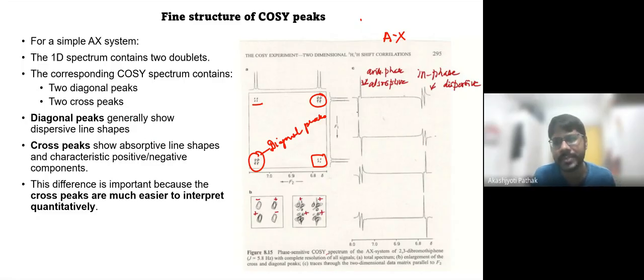In this figure, this is your COSY contour plot. If you look at each of the signals, along this line, this line, this line, and this line, the frequencies present in each of these four lines have been shown in the right-hand side figure.